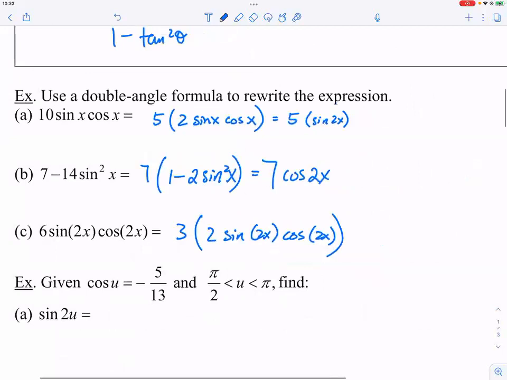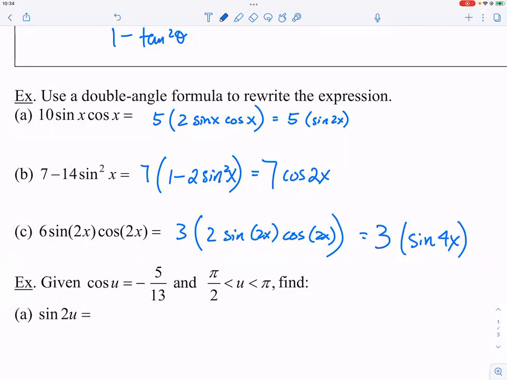So using the identity above, that would give you 3 times sine of 4x, because your so-called theta is now 2x.